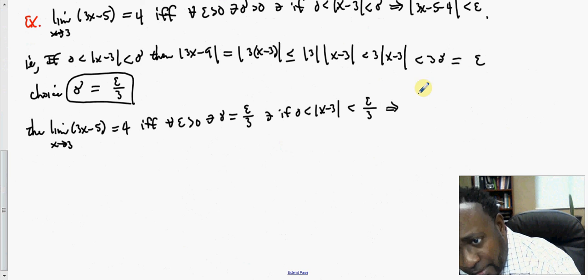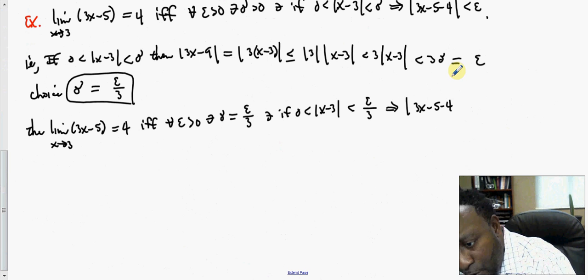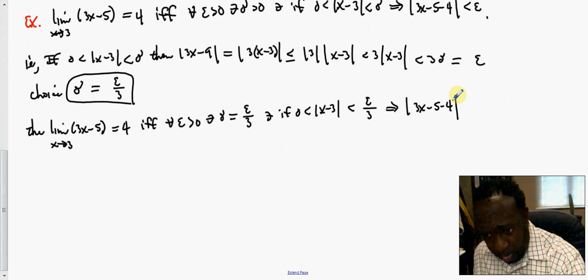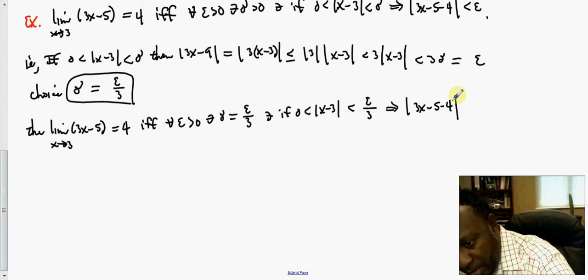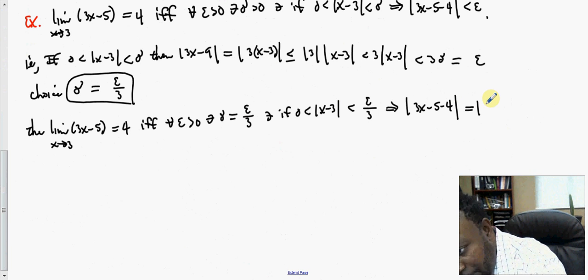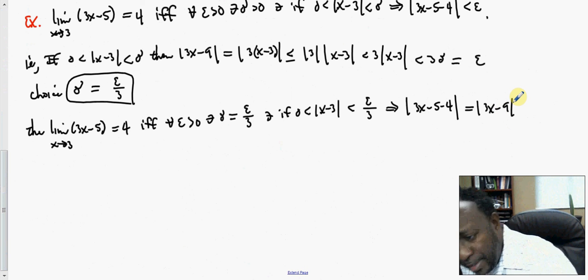This implies then that the absolute value of 3x minus 5 minus 4, right? Here, notice how we simplify this, that this comes out to be the absolute value of 3x minus 9.